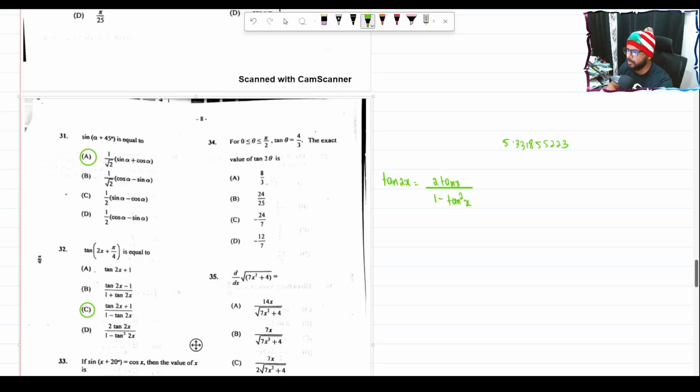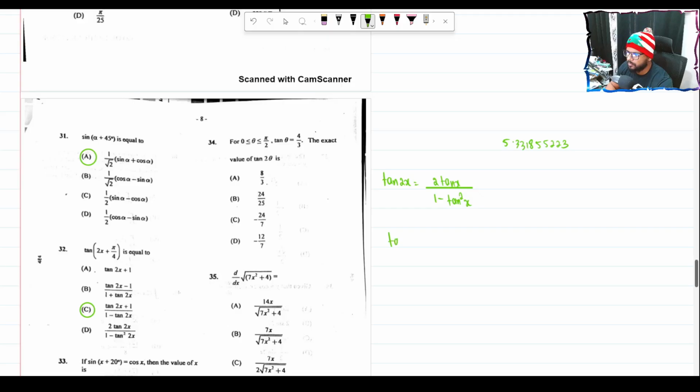So if tan theta is equal to 4 over 3, tan theta is 4 over 3. We could have used this. Let me use this here.